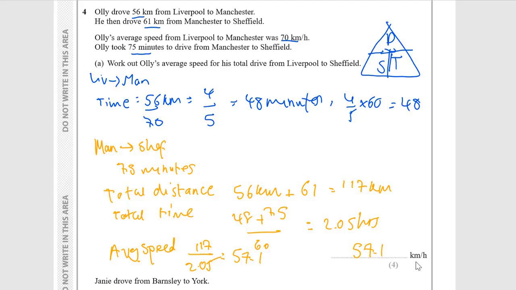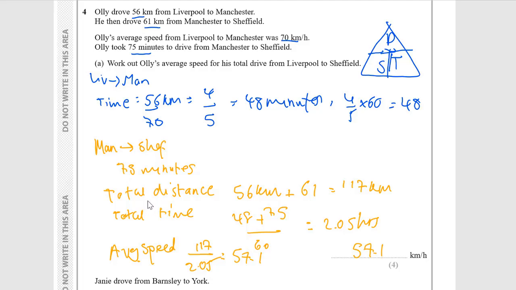So we figure out the kilometers first for the total journey, and then the hours for the total journey. So we know that he traveled from Liverpool to Manchester, 56 kilometers, and he did this at 70 kilometers per hour. So 4 over 5. So in terms of the time, it's 48 minutes, because 4 over 5 times 60 is 48. And then for Manchester to Sheffield, it took him 75 minutes.